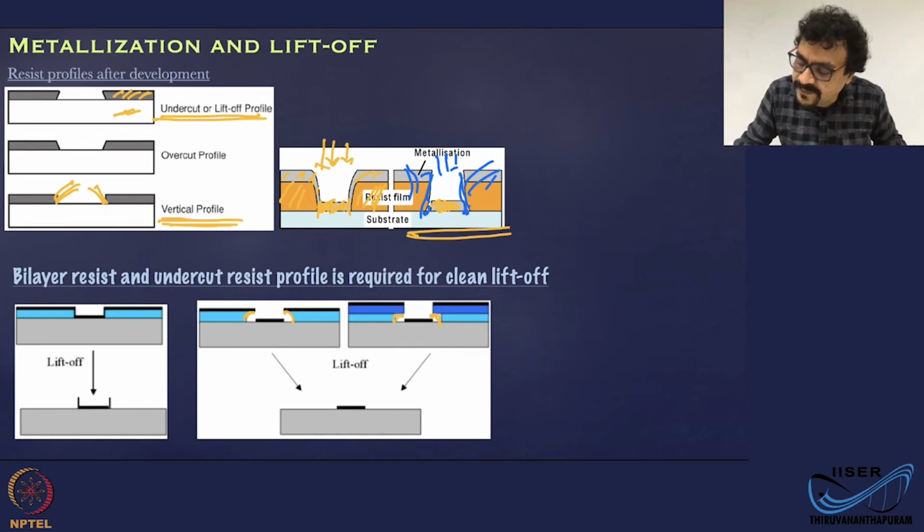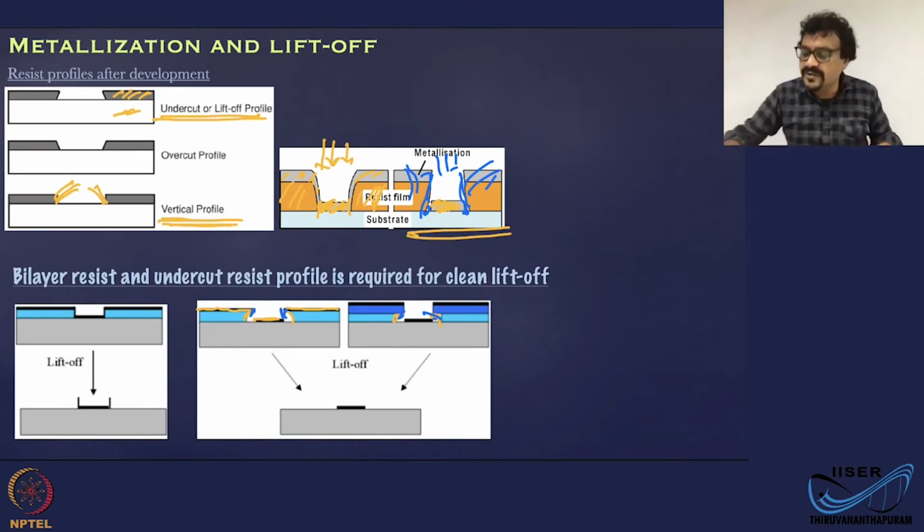So naturally the metal which is deposited here will get broken at the side. There are breaks here, so that the lift off will be clean. When you strip the resist, all this portion will disappear, and you will eventually end up with only this piece here, as shown here.